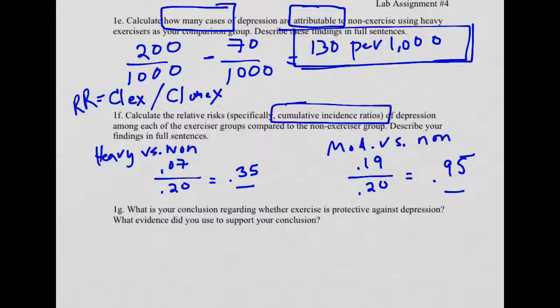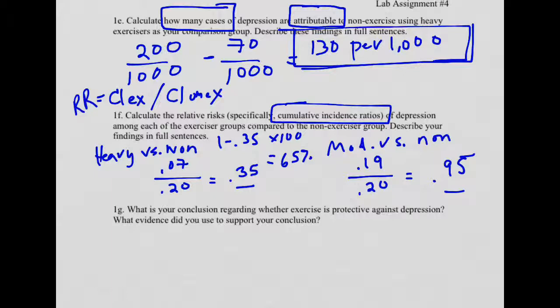If we were to describe these in full sentences, with 0.35 we're saying that heavy exercise, first of all, is protective because we have a relative risk less than 1. Specifically, if you remember, to calculate how much protective factor it had, we could subtract this from 1 and multiply by 100, and we'd end up with 65%.